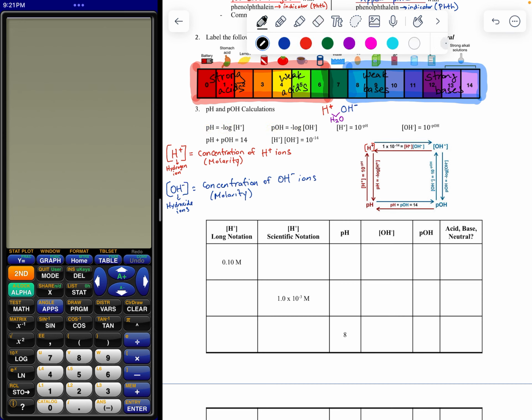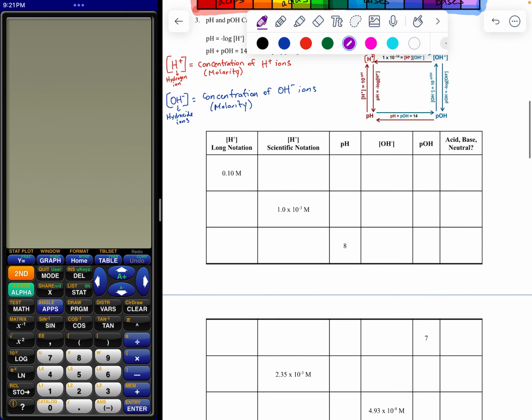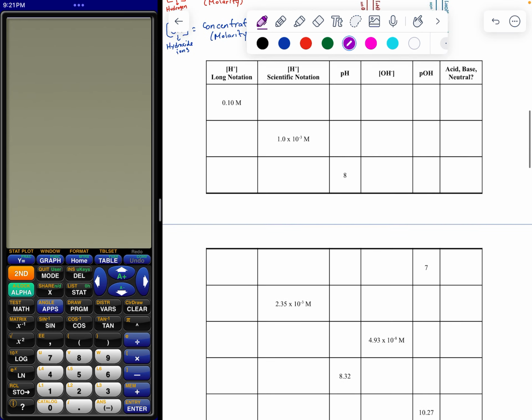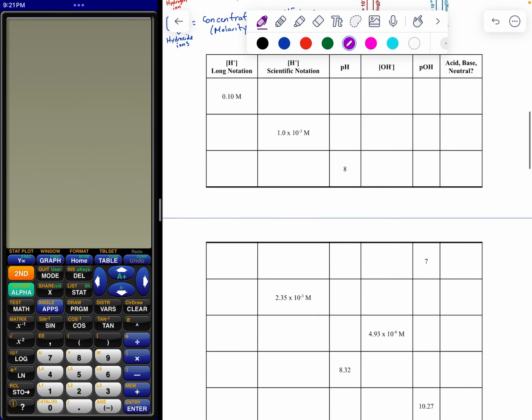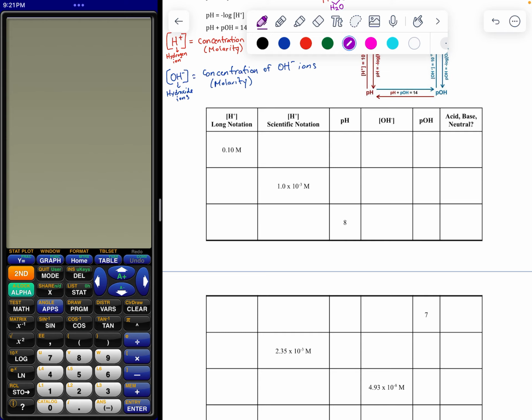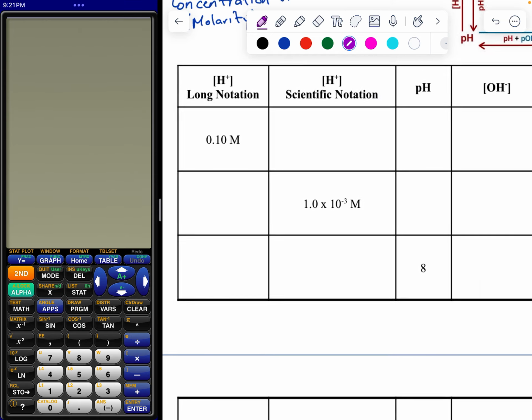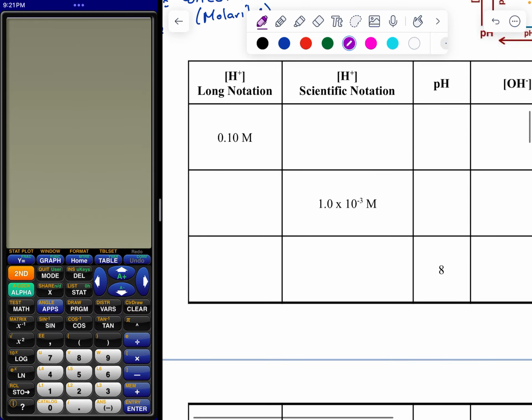All right, so if we go down and fill out this chart a little bit, I'll do a couple up top and then a couple toward the bottom just so that you can see. What we want to do is, again, familiarize ourselves with long notation versus scientific, right? Scientific notation always starts with a decimal after one whole number, times 10 to the something, right?